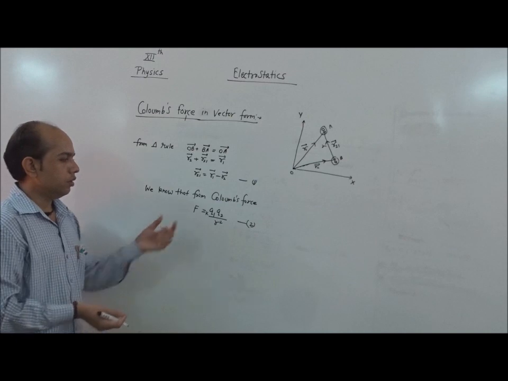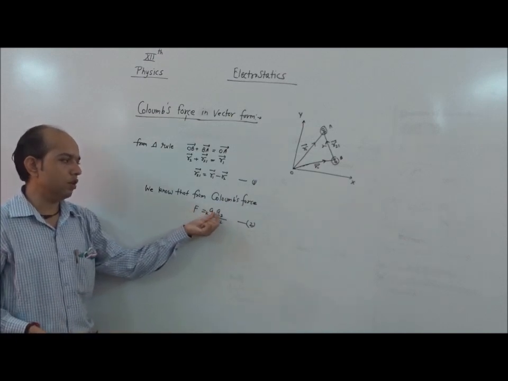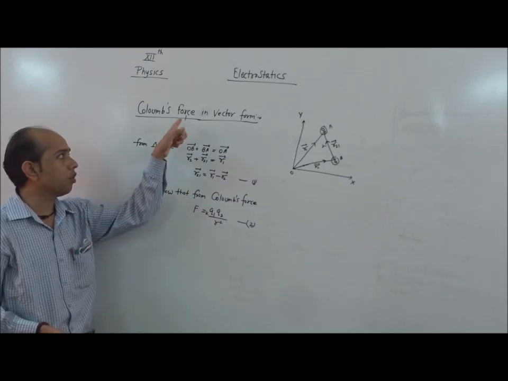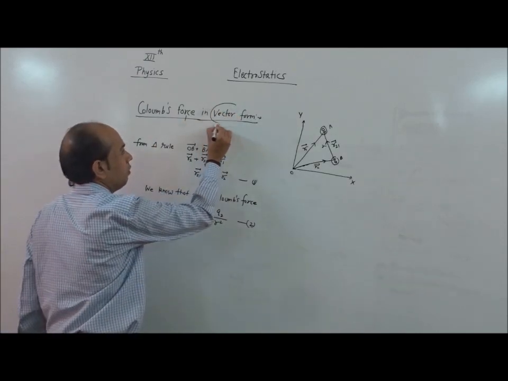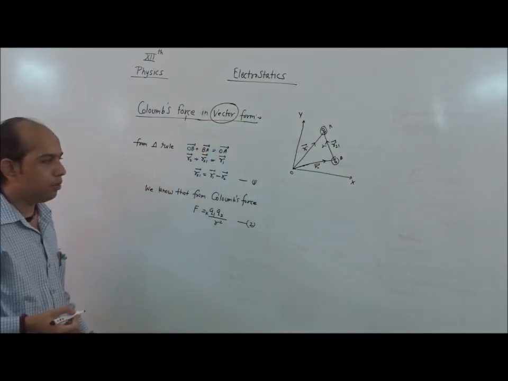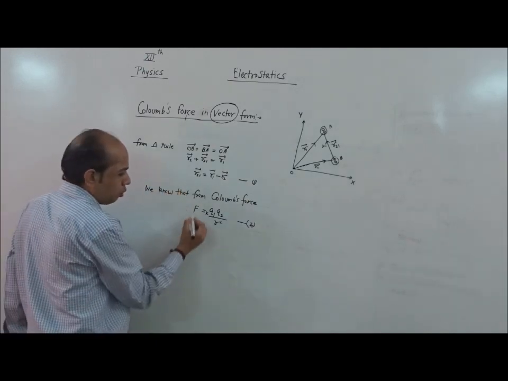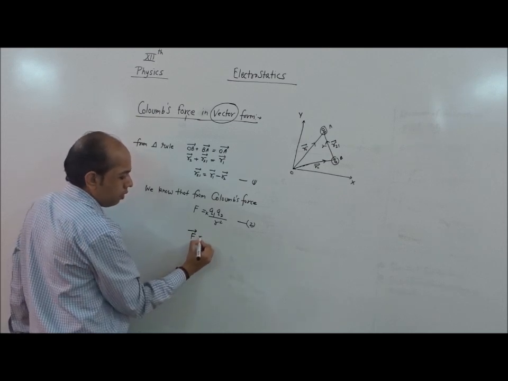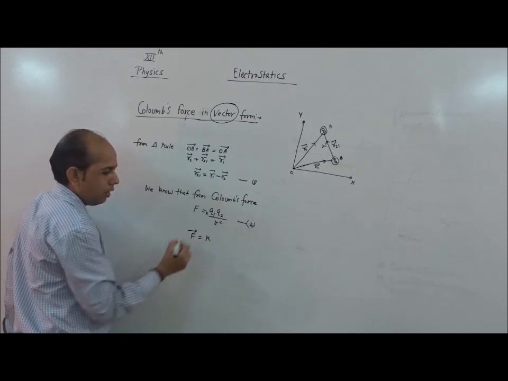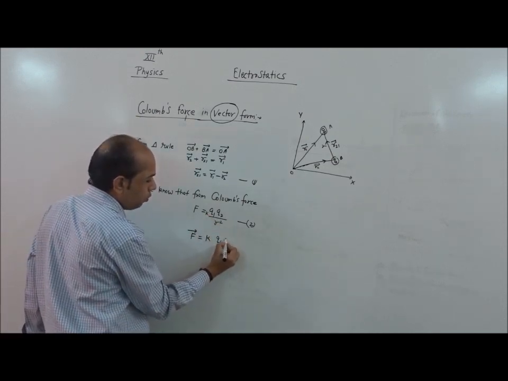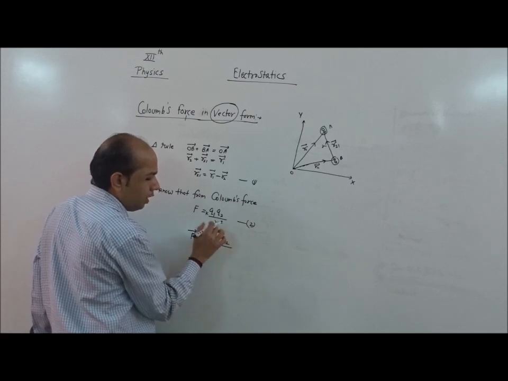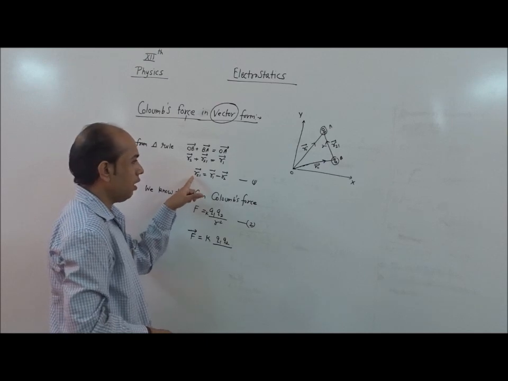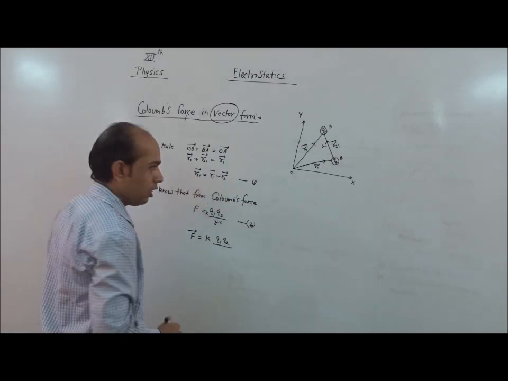Now this force F equals K Q1 Q2 upon R square. We have to write it in terms of vector, and vector means represented by an arrow. So F is first represented as F vector, K remains constant, again Q1 and Q2, and then divided by R square. The distance R is replaced by either R21 or R1 minus R2.